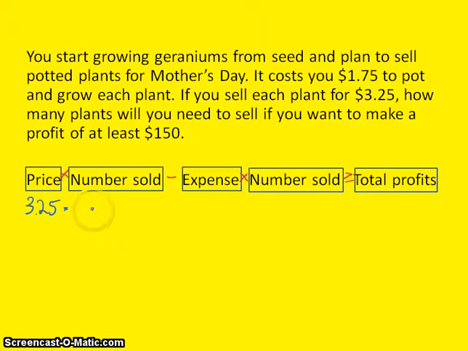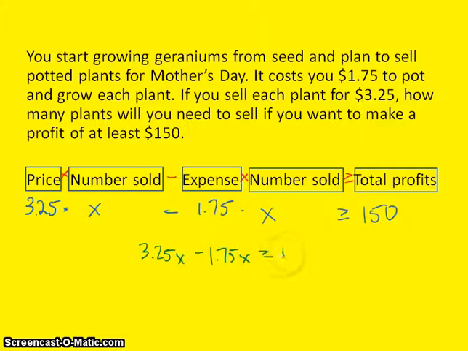So when we don't know what something is, we call it X. And then minus the expense per pot, which is $1.75, times the number sold, which again we don't know what it is, and it's the same number, so we're going to use the variable X again, greater than or equal to the 150. I'm going to rewrite it again, smash it all closer together. So 3.25x minus 1.75x greater than or equal to 150.